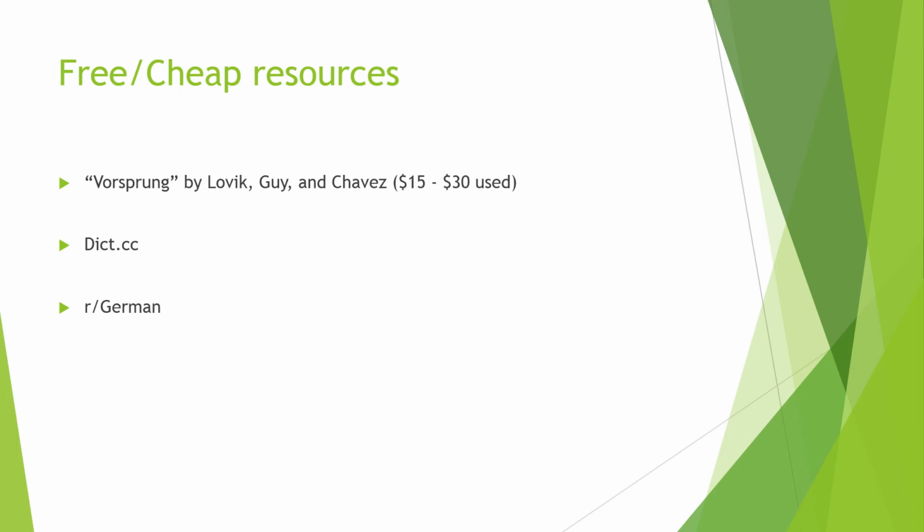The next source is dict.cc. This is my absolute favorite thing lately. I get on there and I type in a word, say we had der Hund, or the dog. A normal dictionary would just give me the dog if I typed in der Hund.